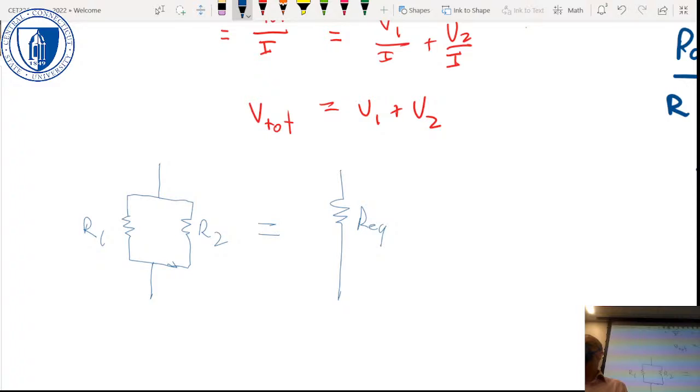Now we can do something with these two. What's the relationship between R2 and R345? They're in parallel. Again, they're not geometrically in parallel, but there's a node, and there's a node, so they are connected between the same two nodes, so they're in parallel.